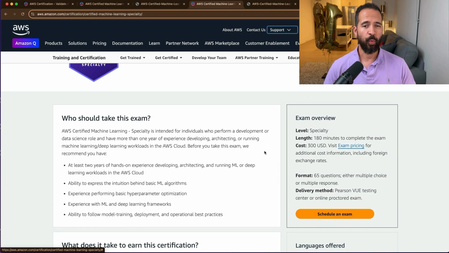The length is 180 minutes. Cost $300 USD. So currently, while that machine learning engineer associate is in beta, the machine learning specialty literally costs 4 times as much. And the format for the machine learning specialty is 65 questions, and it's going to be a mix of multiple choice and multiple response.